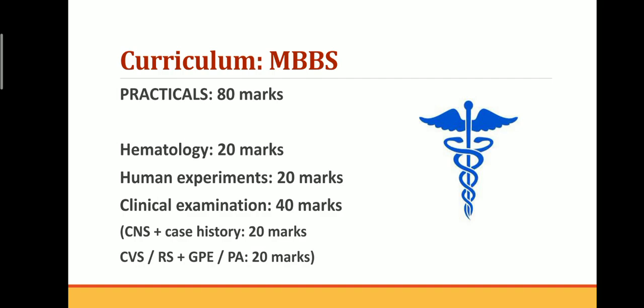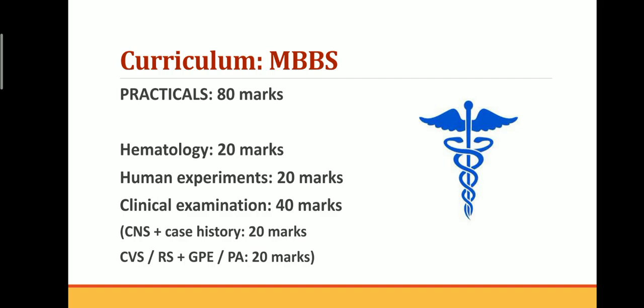Here, each and every student will get a case on central nervous system, and this will be a major experiment, and one central nervous system examination will be coupled with a case history, and the second part of this clinical examination will have either cardiovascular system examination or respiratory system examination as major, and it will be coupled with general physical examination and per abdomen examination as minor experiment. So altogether they'll have 80 marks.